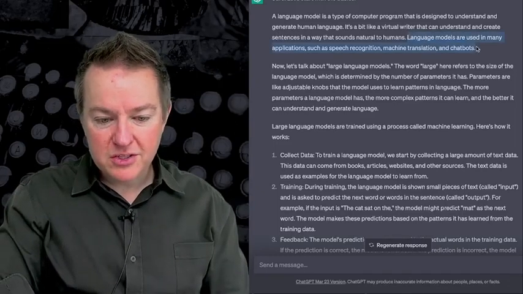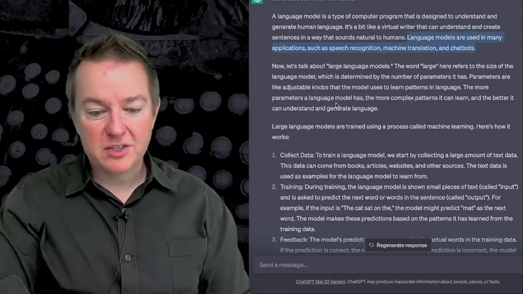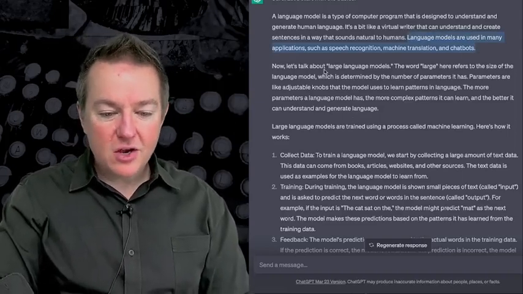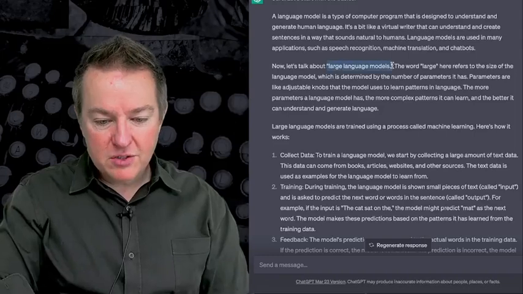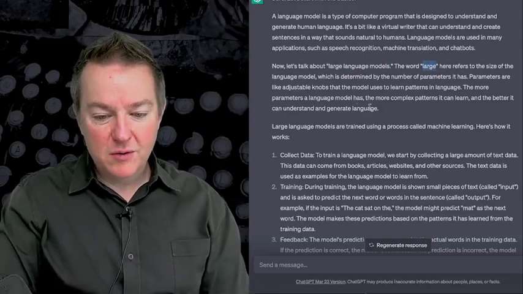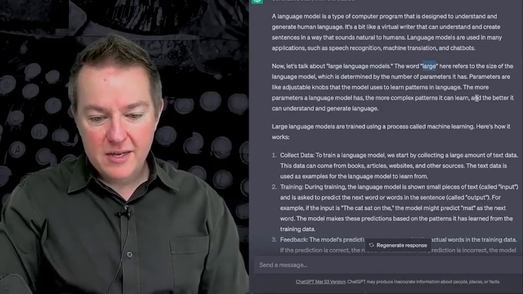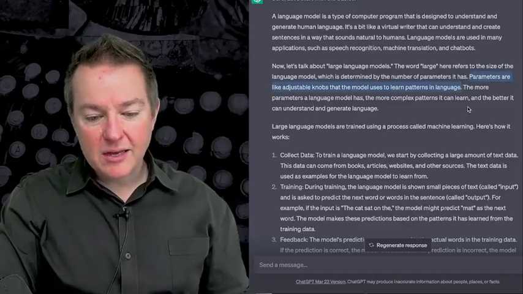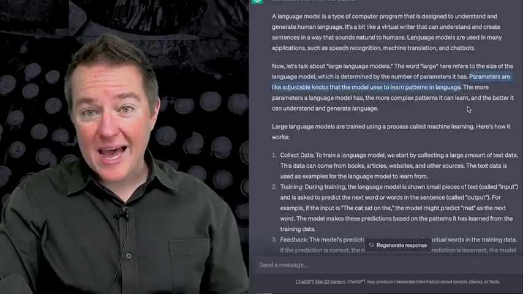Language models are used in many applications such as speech recognition, machine translation, and chatbots. Now let's talk about large language models. The word large refers to the size of the language model, and it goes on to describe it, and it says parameters are like adjustable knobs that the model uses to learn patterns in the language.